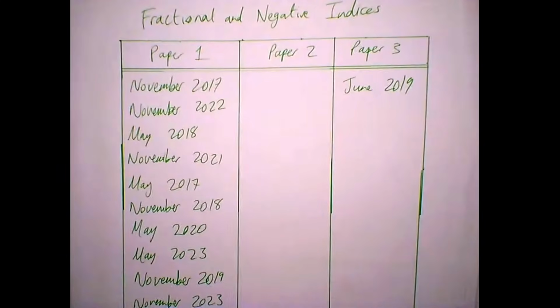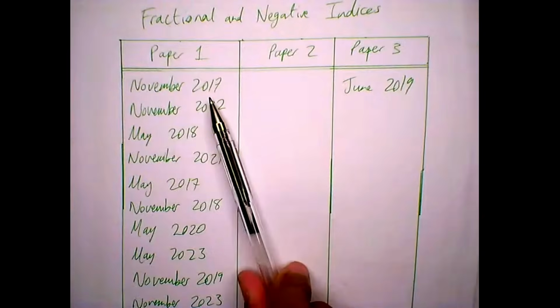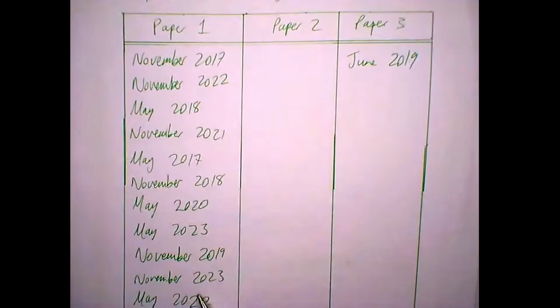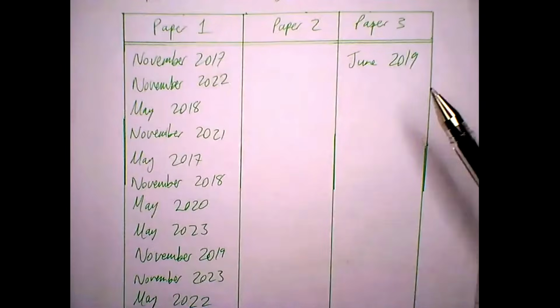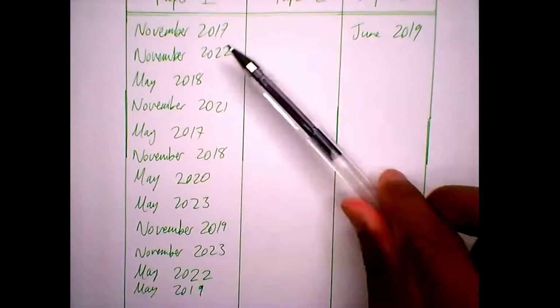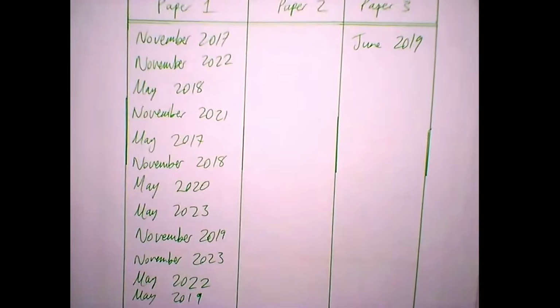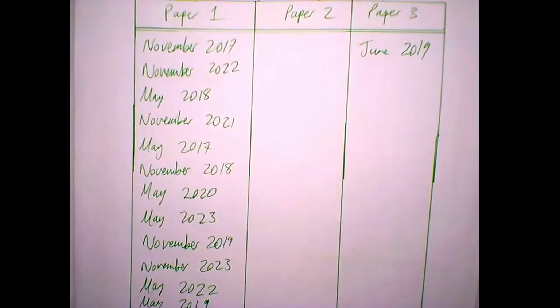I've looked at exam papers from 2017 all the way up to 2023, and this occurs in every single paper. It occurs mainly in paper 1, but there have been occasions where it's appeared in paper 3 as well. Paper 3 is a calculator paper.